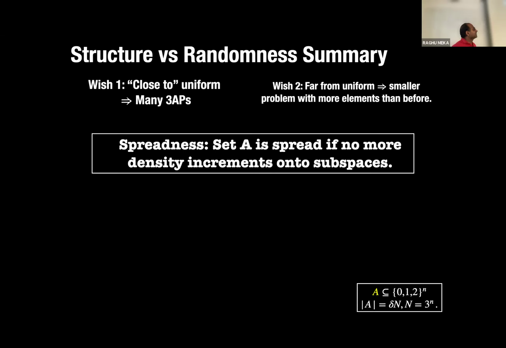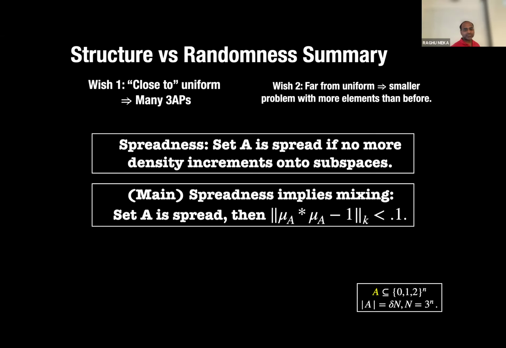I said this is morally the same thing as we did for sunflowers, when we said a set family is spread if I cannot go to a link and gain by induction. And the main thing we need to show is that if you have spreadness, then you get mixing.